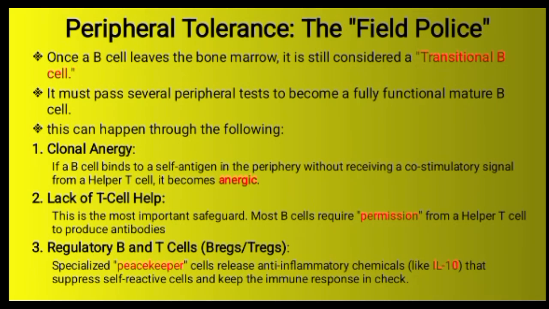Then there is another situation with the use of regulatory T cells and regulatory B cells. They are called the Bregs and the Tregs, specialized peacemaker cells that release anti-inflammatory chemicals like interleukin-10, which suppress self-reactive cells and keep the immune response in check.